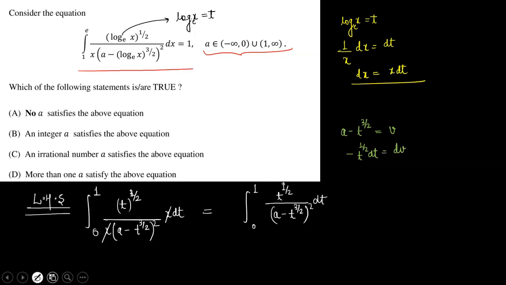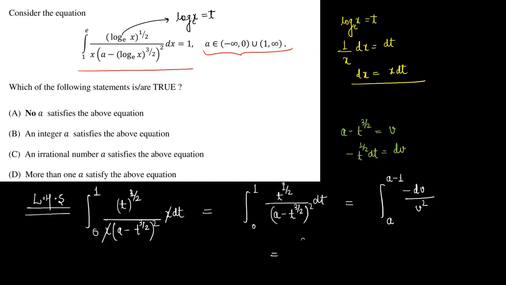So the limits will be a to a minus 1, and t to the power half dt will be minus dv, and a minus t to the power 3 by 2, which I have supposed as v, gives v square.